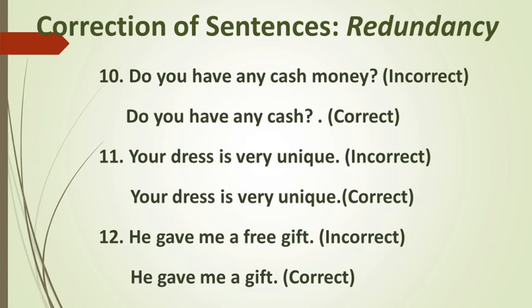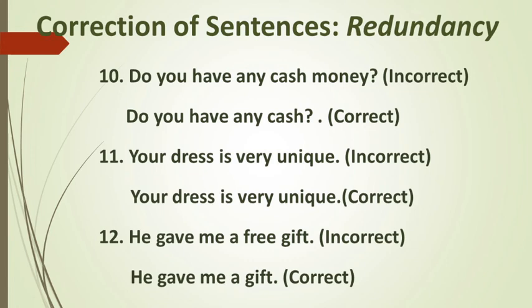The next one is, your dress is very unique. Your dress is very unique. Of course there is a mistake in the PPT. The second sentence should be, your dress is unique. That is the right sentence.